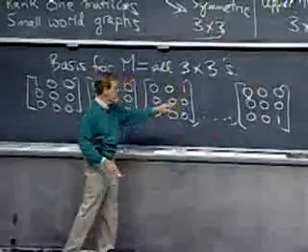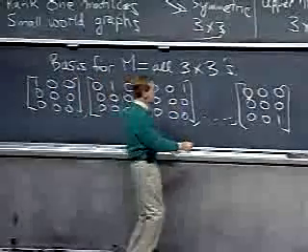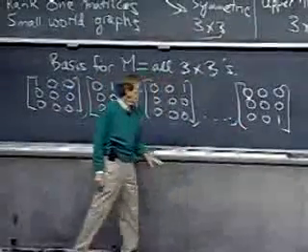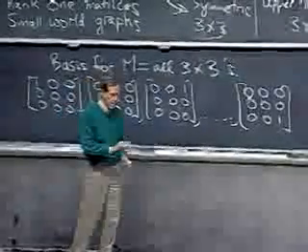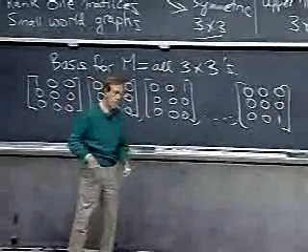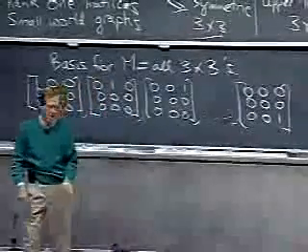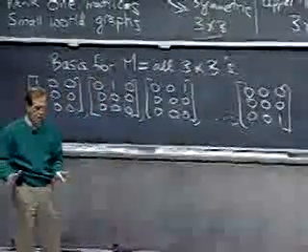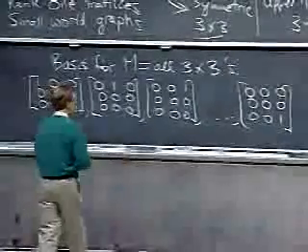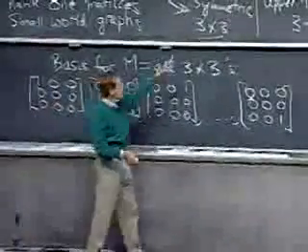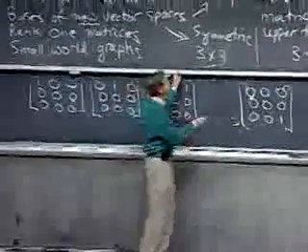And the one in the middle with a 1 in that position, in the 2-2 position, would be symmetric. So I've got 3 of these original 9 are symmetric. But that's not all, right? What's the dimension? Let's put the dimensions down.